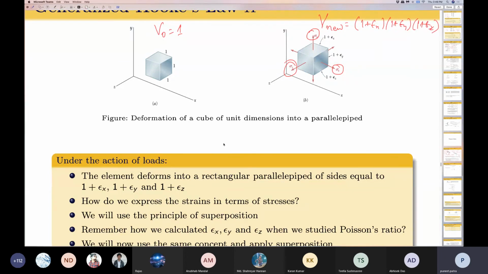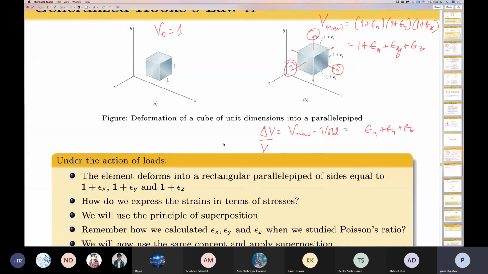If I neglect the higher order terms, that is the quantities which are squared or cubed in the strain, because strain is a very small quantity, I will end up with an expression epsilon x plus epsilon y plus epsilon z. So what is the change in volume going to be? Change in volume is V new minus V old. In this case, this takes the value of epsilon x plus epsilon y plus epsilon z.